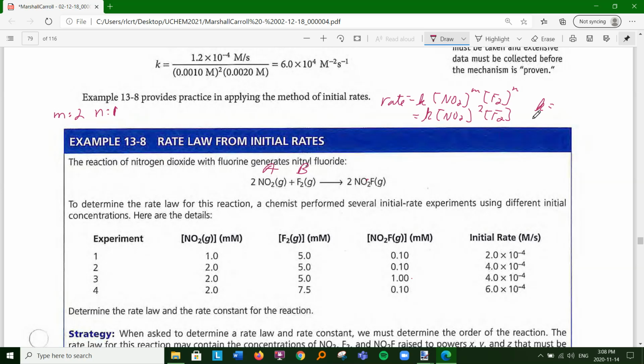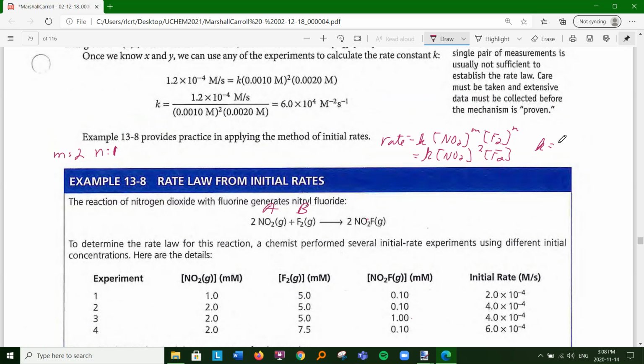Okay, let's do this again. The rate is 2 by 10 to the minus 4 divided by NO2 squared, 0.001 squared times 0.005. 4 by 10 to the 4. Molarities to the minus 2, seconds to the minus 1.